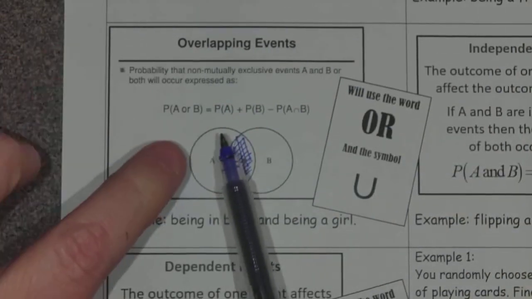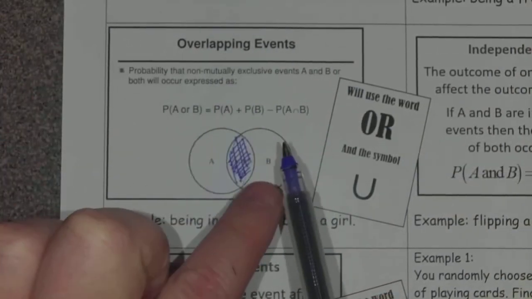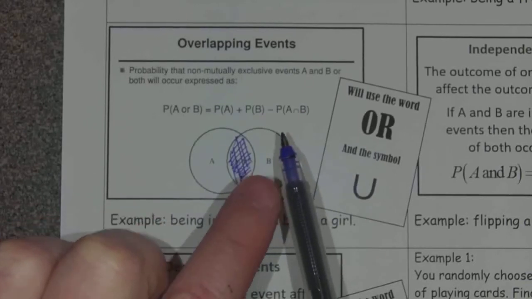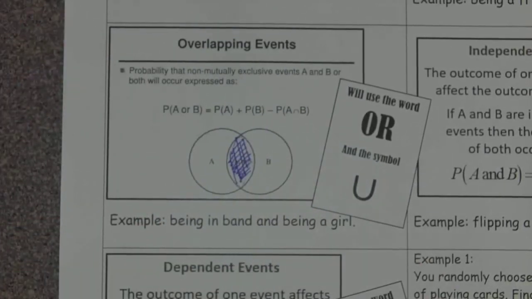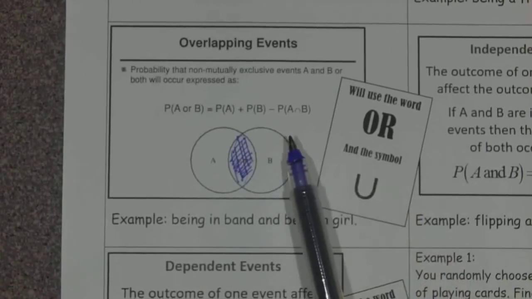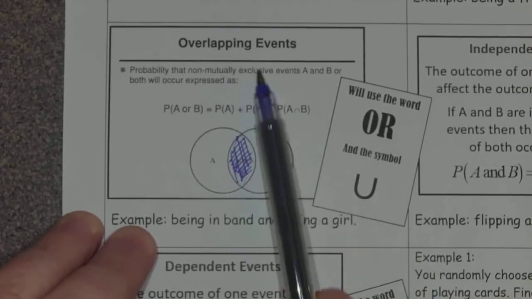So we actually have to find the probability of A, add it to the probability of B, and subtract out the probability of both of them happening at the same time. Okay? So that's what it's talking about there.